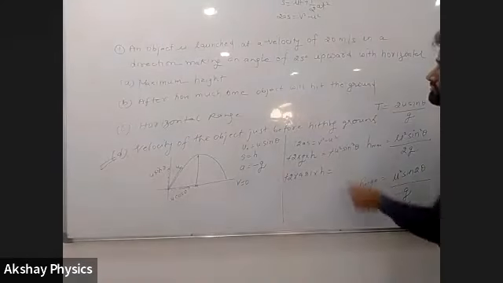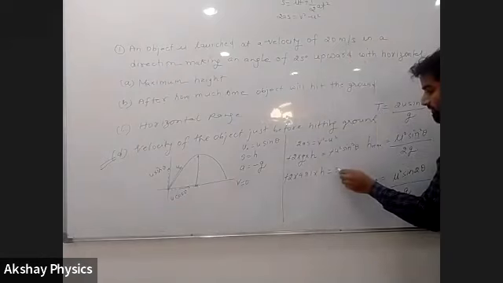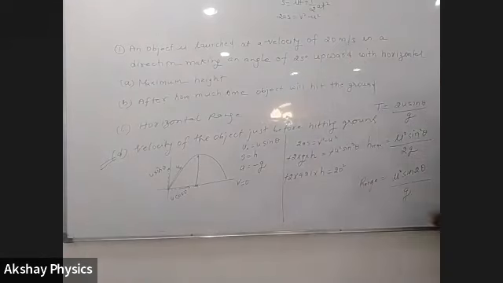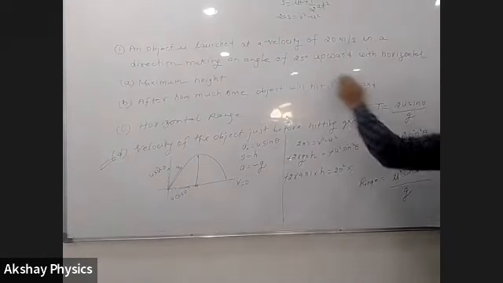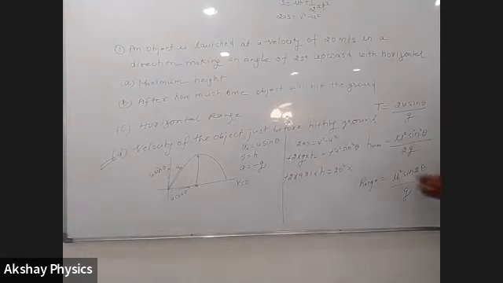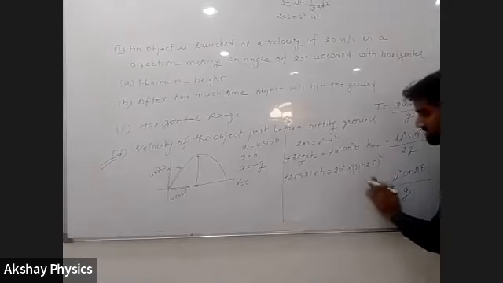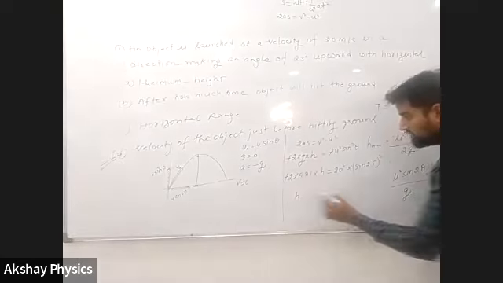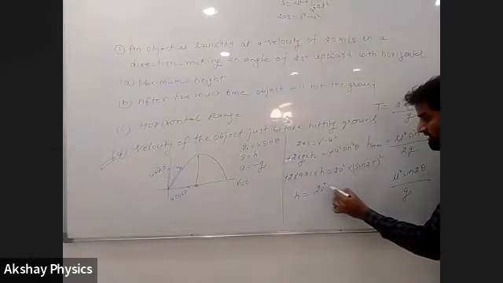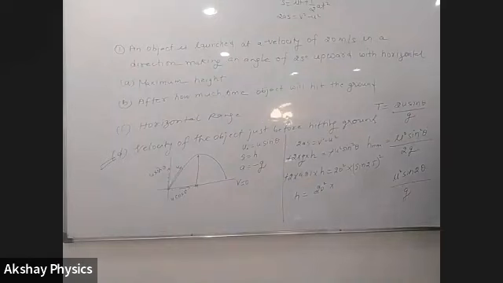What is the value of u? It is 20, right? So 20 square multiplied by sine square of theta. Theta is 25 degrees, so sine 25 squared. You understand that value? Now simply h. What is the value of h? So 20 square multiplied by sine 25 value.